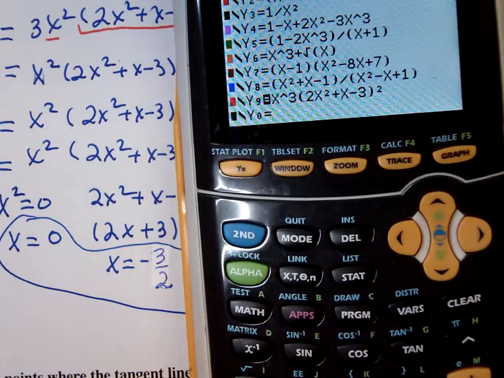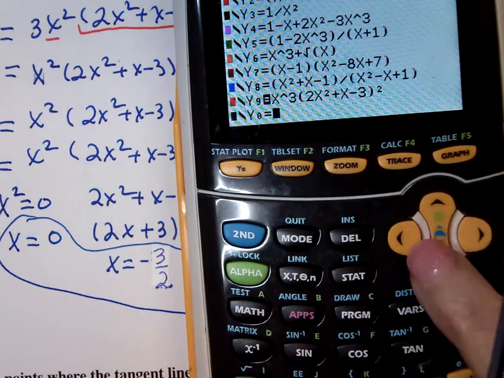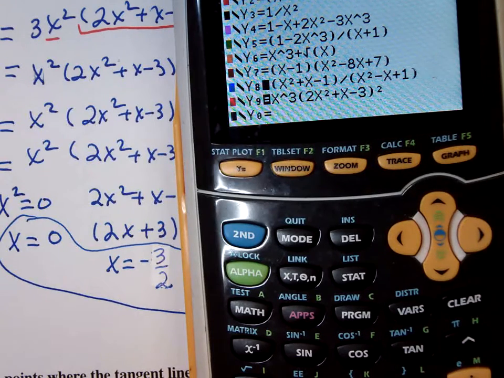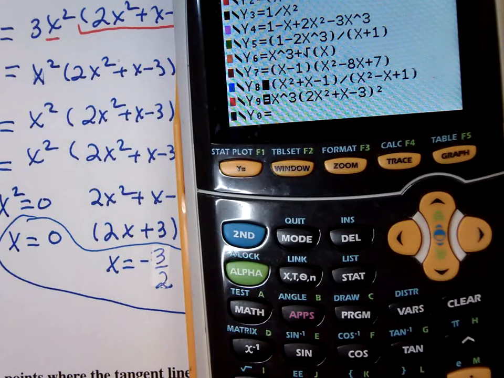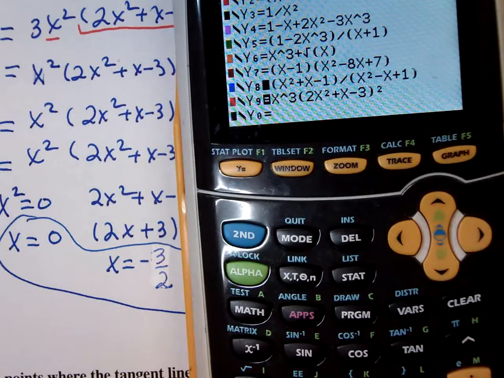So it's x cubed times (2x squared plus x minus 3) squared into your y. Make sure it's turned on. You can turn these things on and off. Put it on top of the equal sign, press enter. If it's off, it turns on. If it's on, it turns off. So you just want to have that one function up and running. Yes? No?